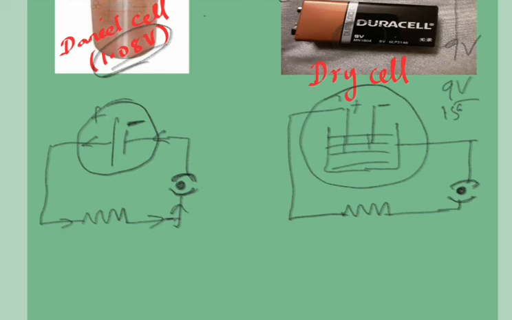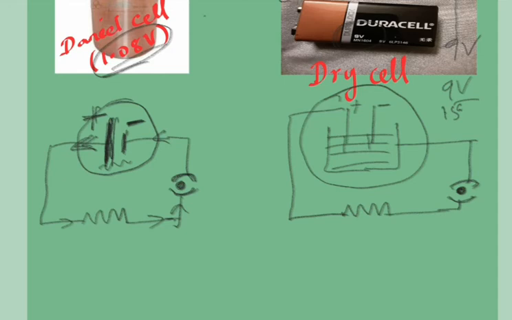So you know, whenever there is a potential difference between the electrodes, that is the positive electrode and the negative electrode, the current will be able to flow through the circuit. Only if there is a potential difference will the current flow through the circuit.